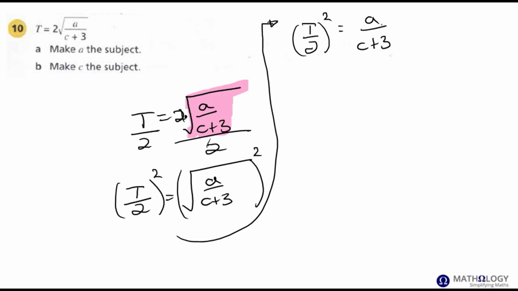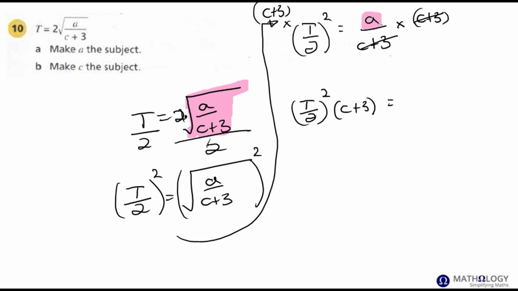Now, we are looking to make a the subject, which is in the numerator of this fraction. So we're now going to multiply both sides by the denominator, c plus 3, to remove that denominator. So we have (t over 2) all squared times (c plus 3) equals, c plus 3 will cancel, and that gives us a. a is now the subject of the formula.